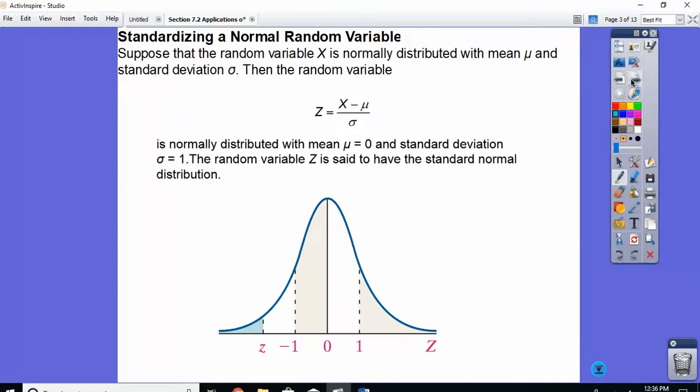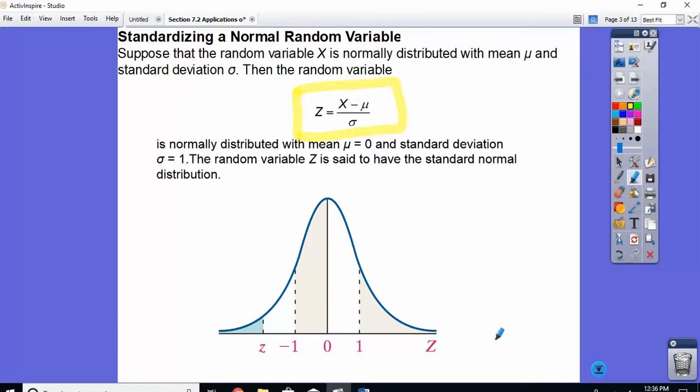When we are talking about a normal variable, you can take any variable that's normally distributed with a mean of mu and standard deviation of sigma and get a z value. This z will convert it in terms of a mean of 0 and standard deviation of 1, which will allow us to then just read it from a table.